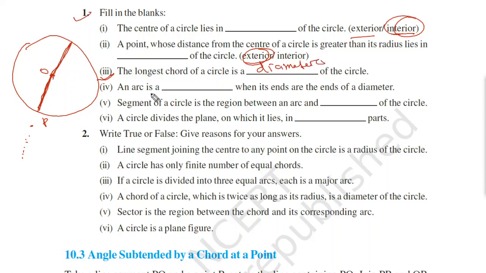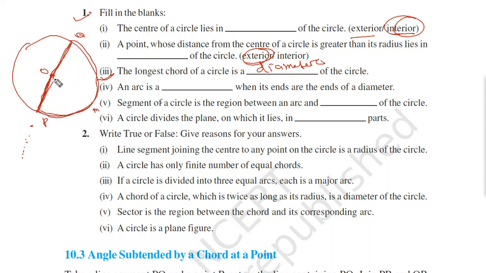An arc is a dash when its ends are the ends of a diameter. Suppose this is an arc, P, M, name it Q. PMQ is an arc now. It is a dash when its ends are the ends of a diameter.